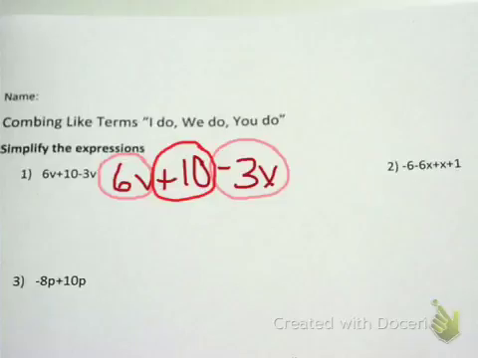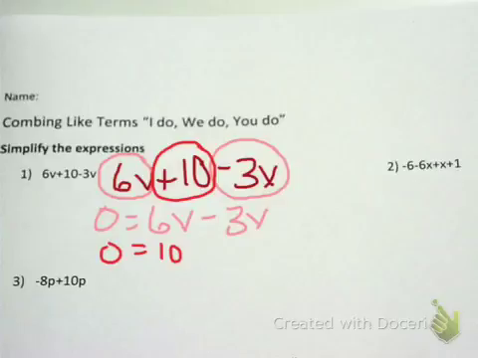So now I'm going to go through and combine my colors. For my pink circle, that was 6V minus 3V. And for my red circle, it was just a 10 because I had no more like terms.